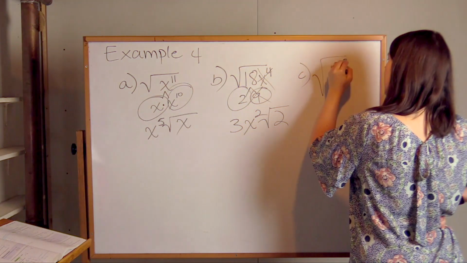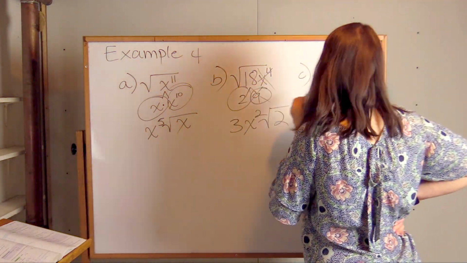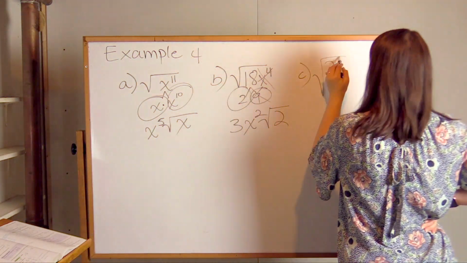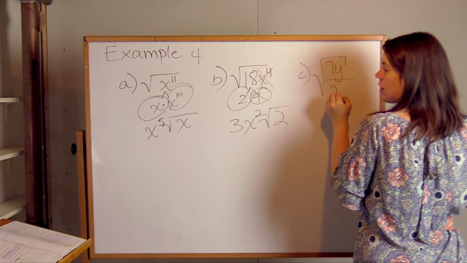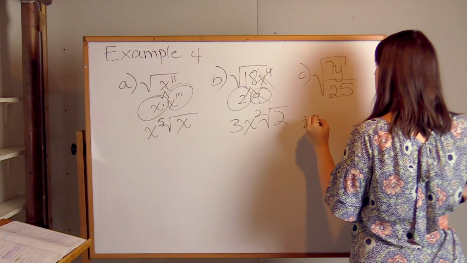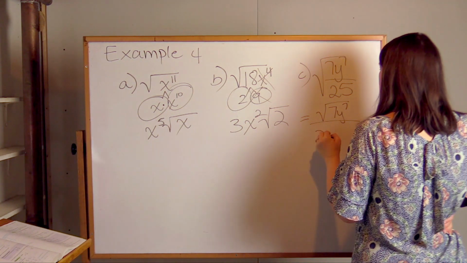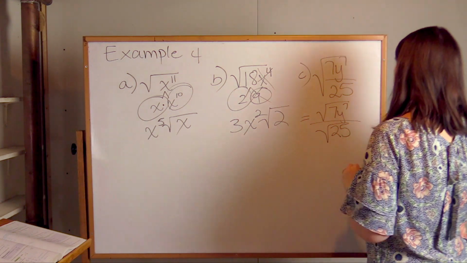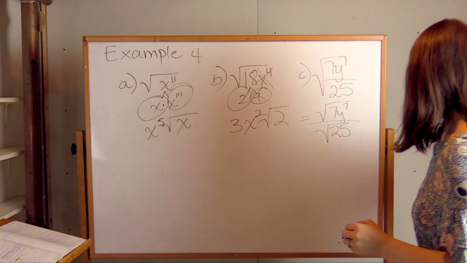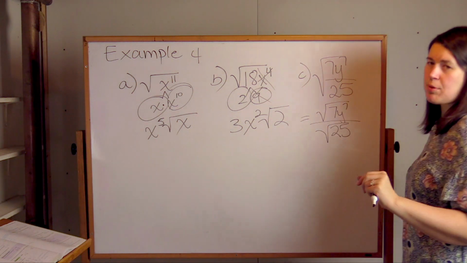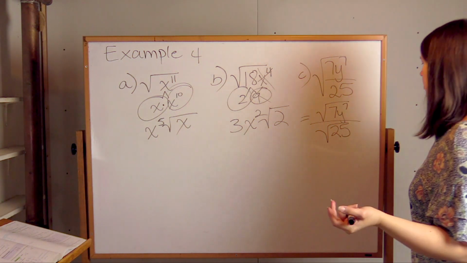Next one, notice we do have our fractions going on, so you can use that dividing the numerator from the denominator if it helps. And so we're actually going to go ahead and do that. I'm going to change this into the square root of 7y to the 7th over the square root of 25. On this one, obviously I can't take the square root of 7, so that's not going to go anywhere.